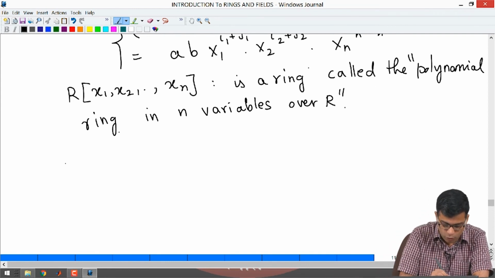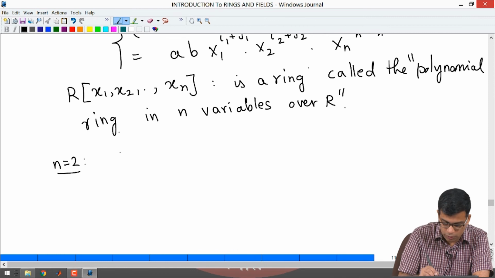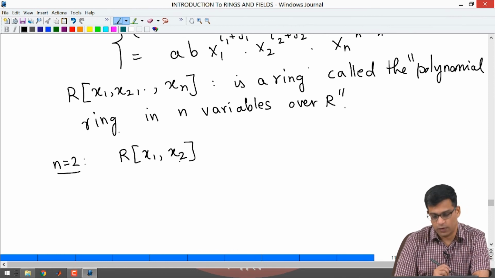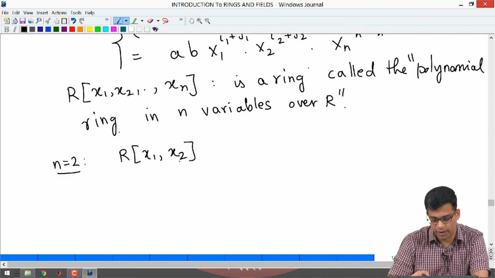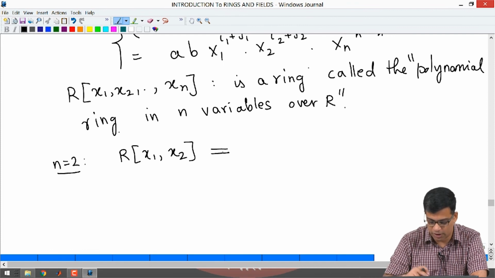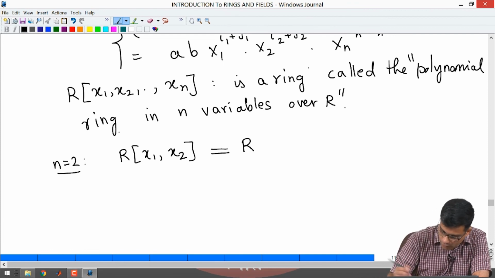for example, let us say I want to consider the two variable polynomial ring R[x1, x2]. So, these are polynomials in x1 and x2 with coefficients in R. I want you to convince yourself that this is actually nothing but R adjoined x1 first.